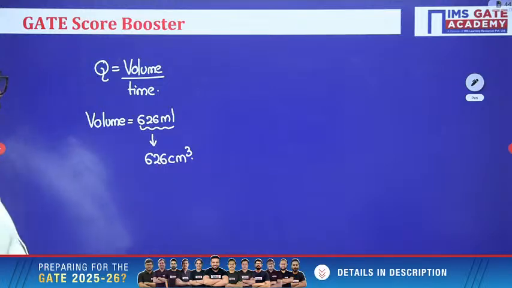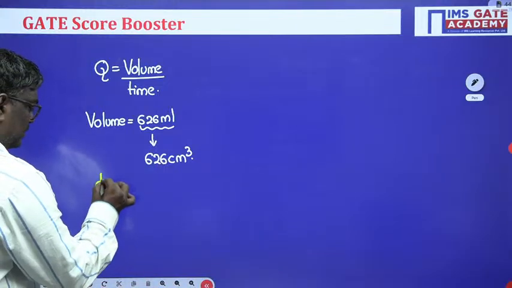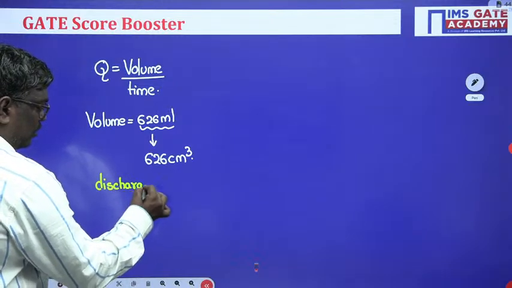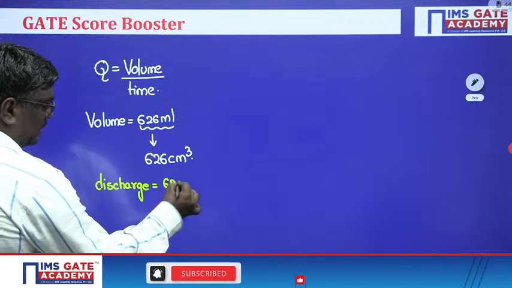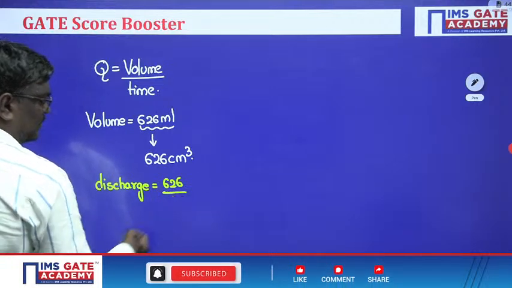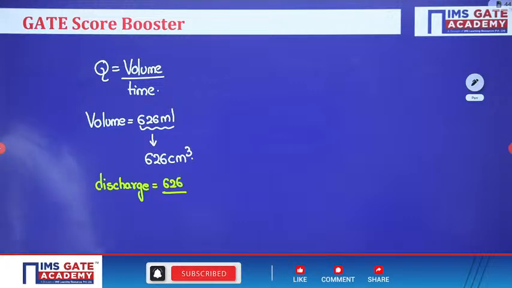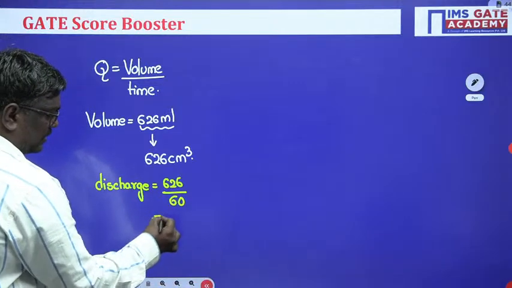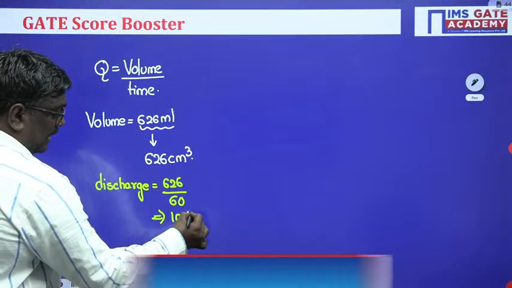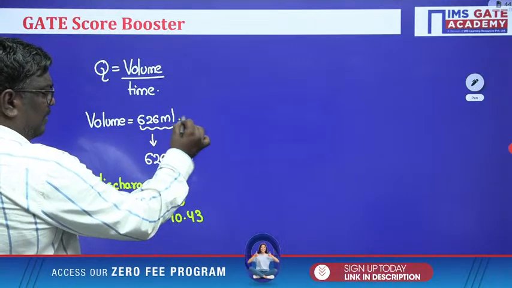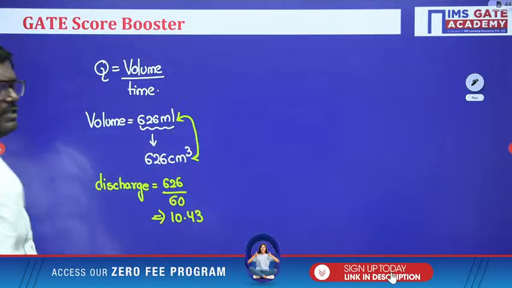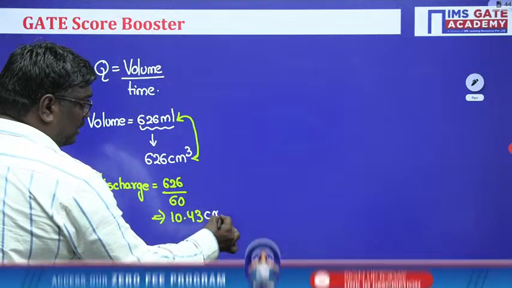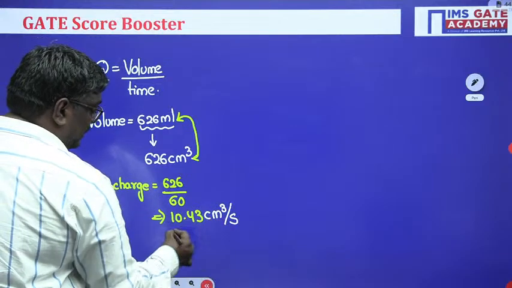So discharge is equal to volume by time, 626 upon 60 seconds, and you will get a value of 10.43. The ml value and centimeter cube are same because 1 liter is equal to 1000 ml or 1000 centimeter cube. So here it is 10.43 centimeter cube per second.